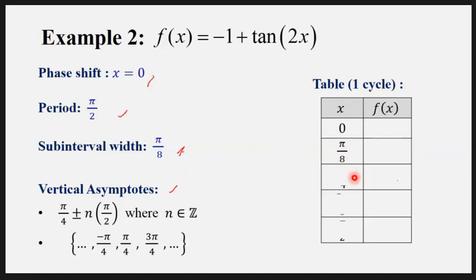Add another pi over 8, I have pi over 4, 3 pi over 8, and at last I have pi over 2.